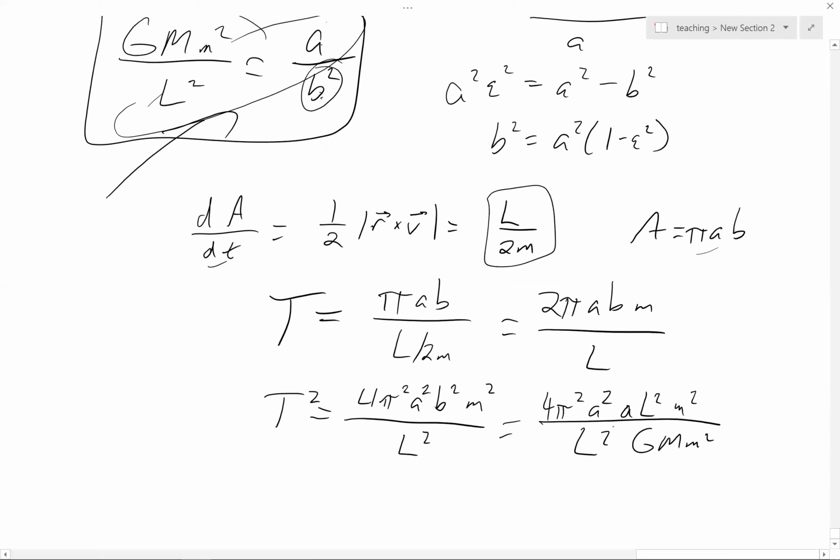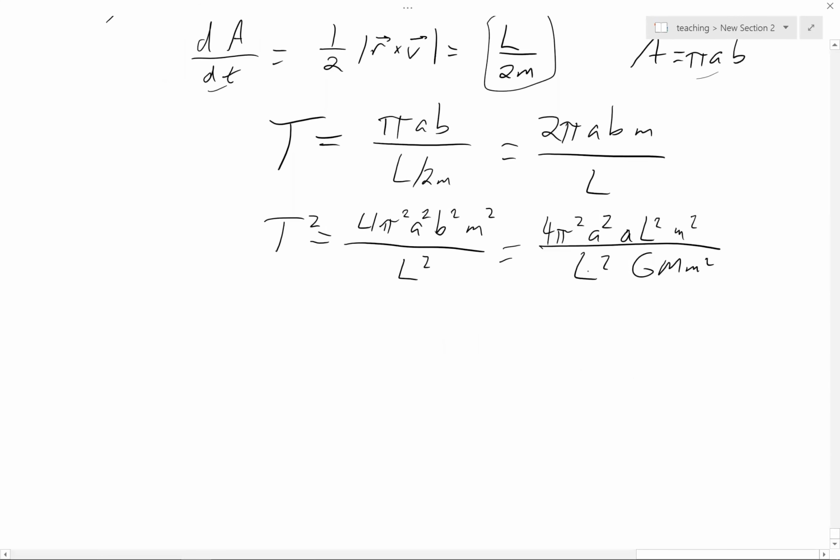And that's it, just cancel stuff out. The L's cancel, the little m's cancel, and I have T squared is 4 pi squared, a squared times a makes a cubed, over GM. And this is Kepler's third law.